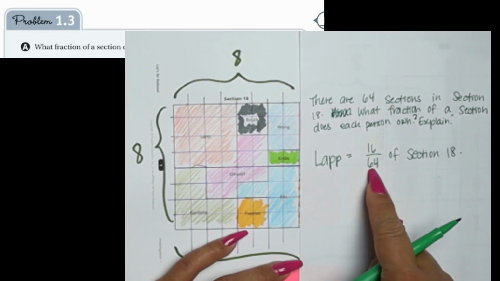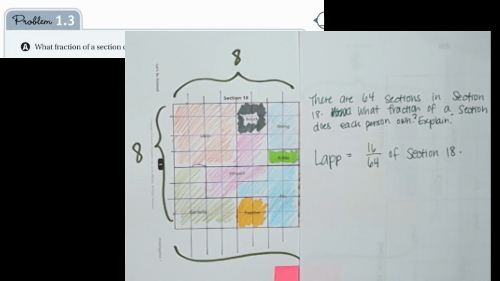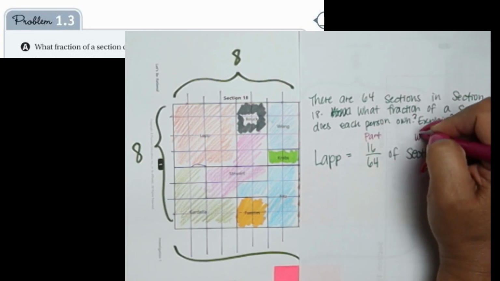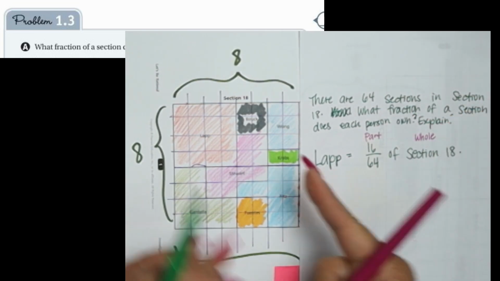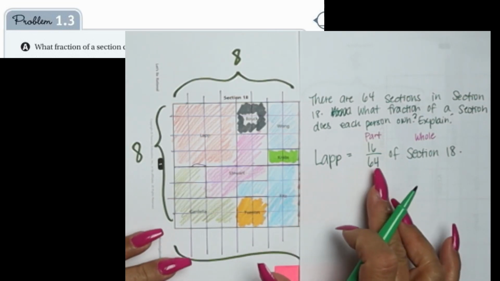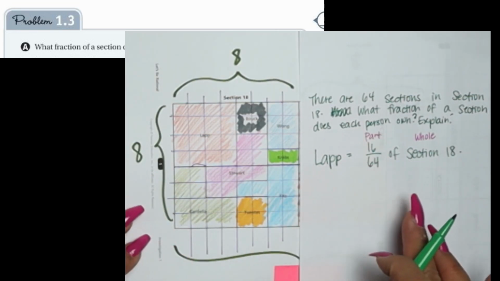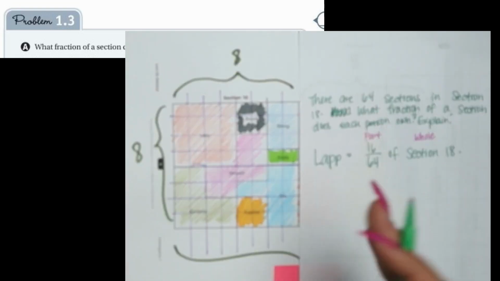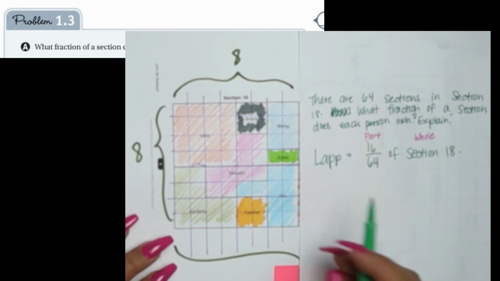Okay, so that's part of a whole. Let's write that down. Part of a whole. Section 18 is one whole. And Lap has a part of it, which is only 16 64ths. Yes, we can simplify it, but let's keep it this way for now.